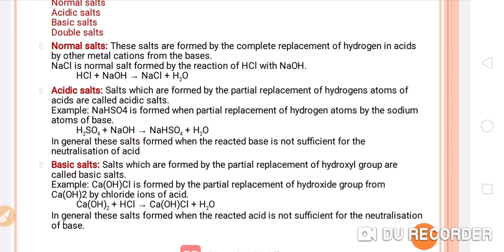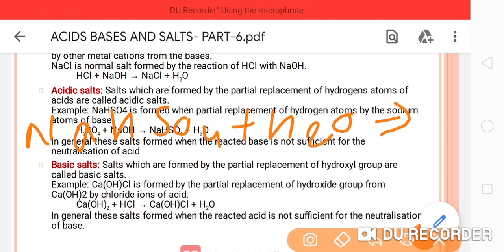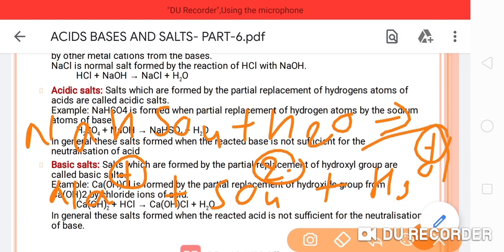So similarly, when you dissolve this salt NaHSO4 inside the water, what will be the product? Na positive first, second SO4 2 negative, and third will be H3O positive. So the hydronium ion formation indicates that this salt is an acidic salt and this species exists inside it.